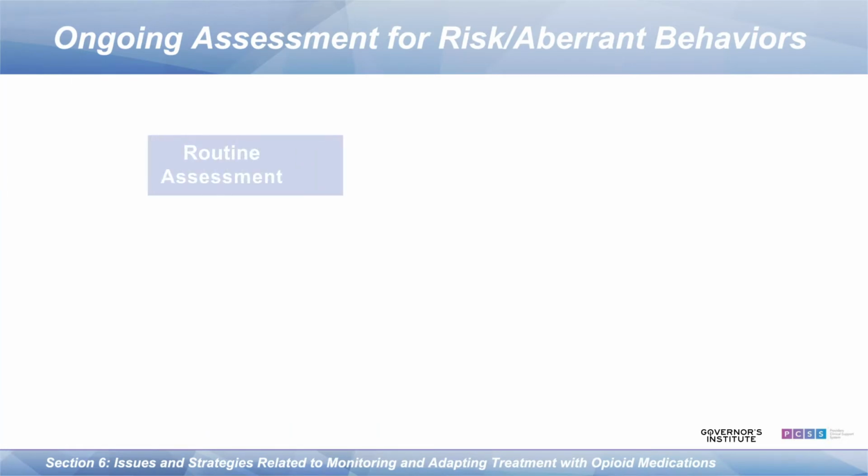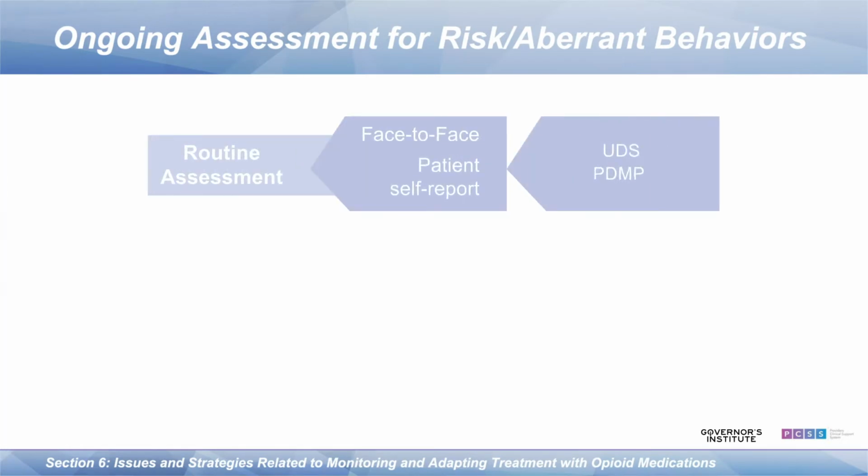Finally, it is important to regularly monitor not only apparent medication effectiveness, but also monitor for risk-related or aberrant medication-related behaviors. This is an area where recommendations and expectations for clinicians and patients has expanded significantly in the recent past, moving beyond the basic expectation of face-to-face assessment and patient self-report to include routine use of urine or other toxicology screening and regular recurrent use of your state's prescription monitoring program, such as the Controlled Substances Reporting System, or CSRS, in North Carolina.